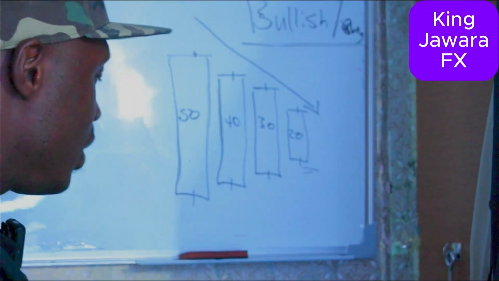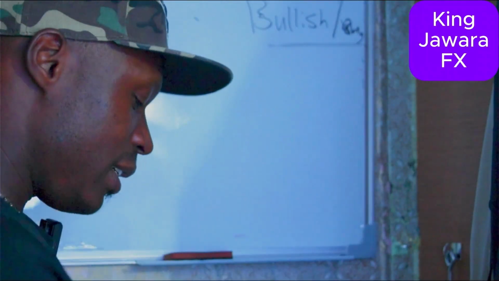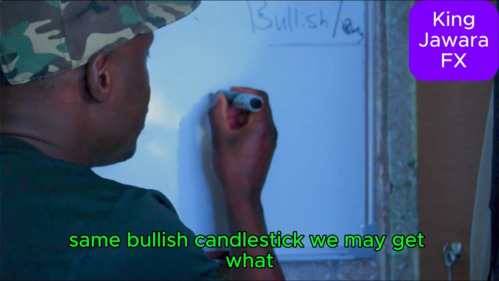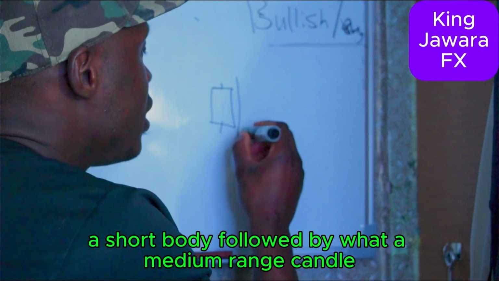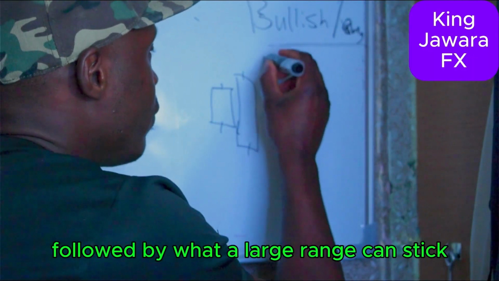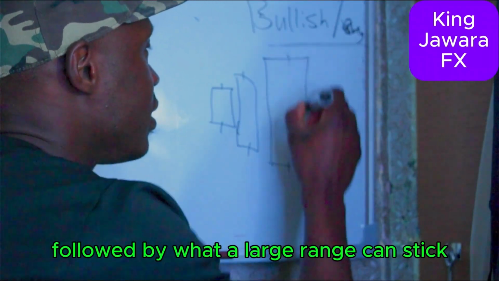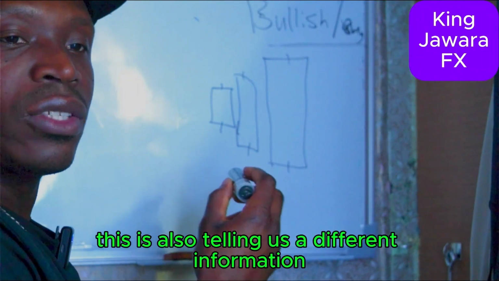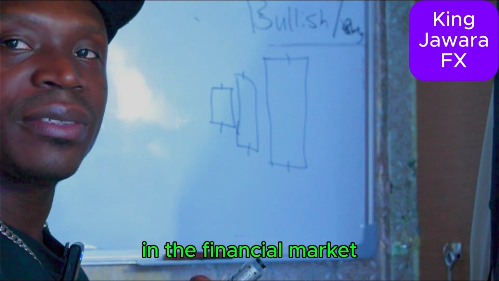Then another scenario we can get, with the same bullish candlestick, is a short body followed by a medium range candle, followed by a large range candlestick. This is also telling us different information in the financial market.